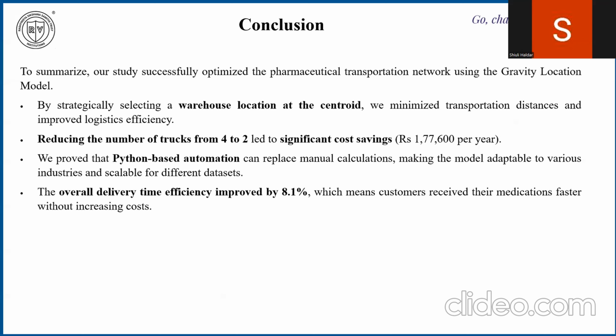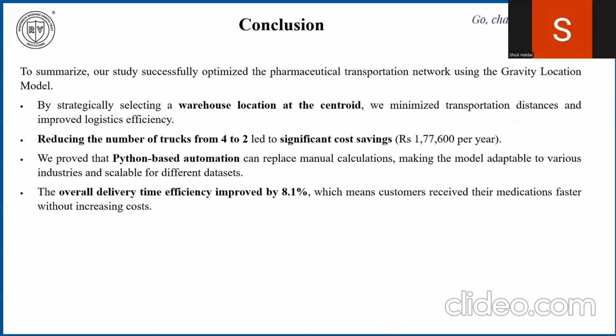To summarize, the optimized logistics model achieves significant cost reductions and operational improvements: a 22.4% reduction in transportation cost, only an 8.1% increase in delivery time, well within acceptable limits, and a reduced fleet size from 4 trucks to 2, improving cost efficiency, with a scalable model that can be applied to multiple industries.